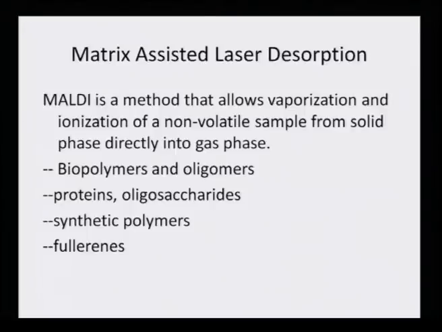Biopolymers and oligopolymers can be analyzed by the MALD desorption method; proteins, oligosaccharides, synthetic polymers and fullerenes can be analyzed. I will take these into details. I am just introducing the names at this point of time, because you should be able to associate what MALD is. MALD is associated with mass spectrometry.